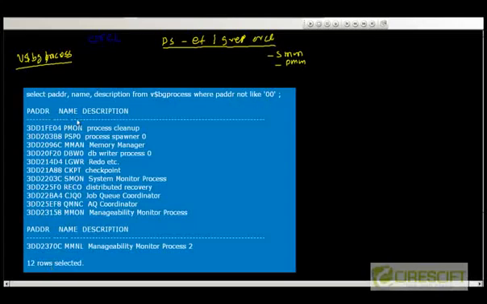That means I have 12 background processes running right now, like pmon, dbwr, the database writer, and so on. But if you do not give this condition, you will see maybe 145 rows from V$BGPROCESS. That means we can potentially configure all of these to run as database background processes, but in this case I configured only 12 of them.